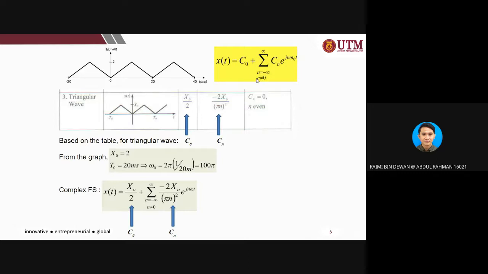Where is n equals to 0? This means we need to consider n equals to 0, but where is it?